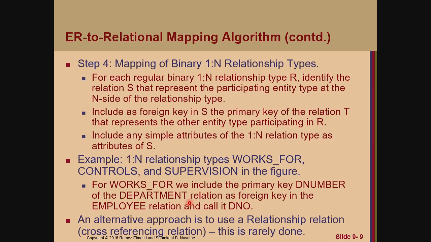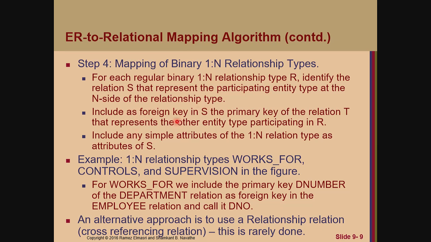What else? Mapping one-to-many relationships. For each regular binary one-to-many relationship type R, identify the relation S that represents the participating entity type at the N-side of the relationship type.